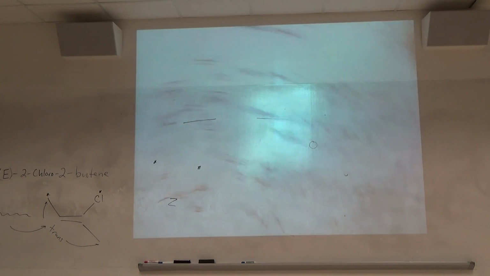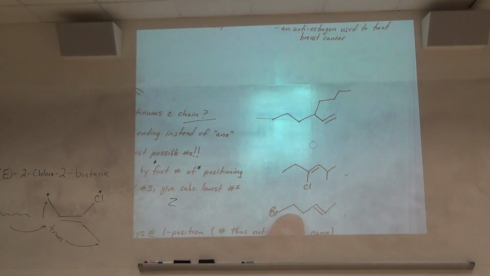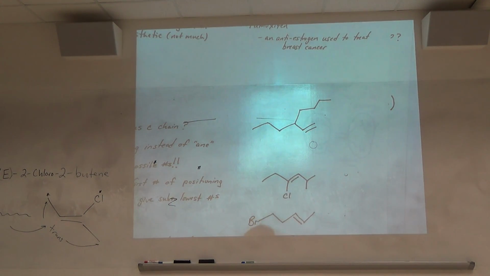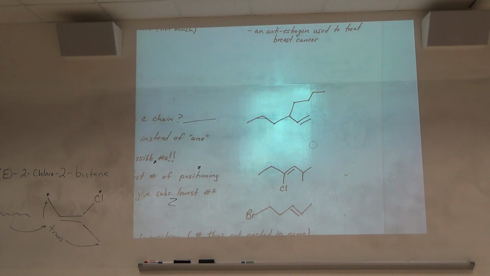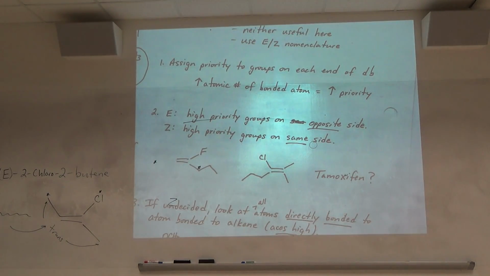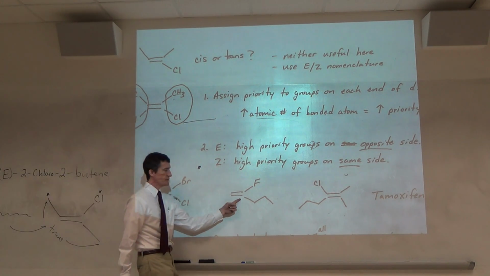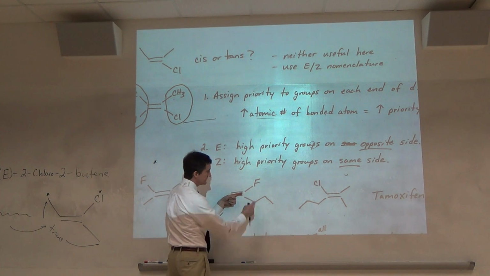Before we move on, let's go back to the front page where I said that these two here required stereochemical descriptors. E or Z? High priority group on this end, F for carbon.